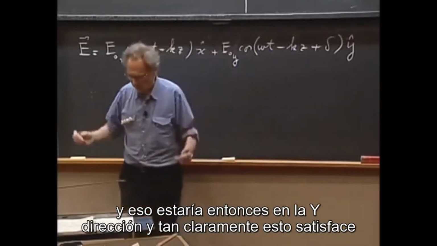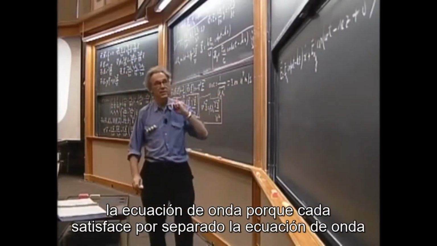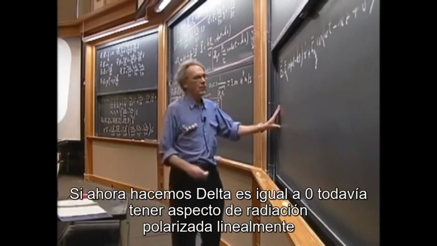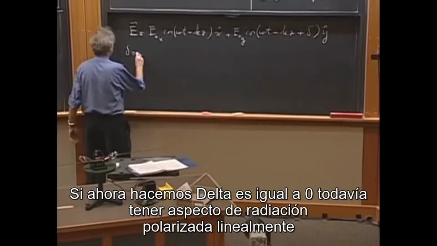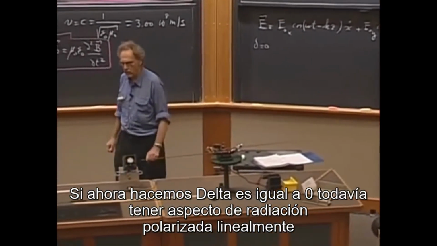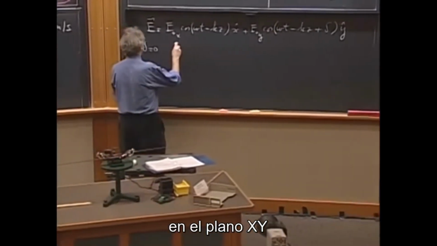And that would then be in the y direction. And so clearly, this satisfies the wave equation, because each separately satisfies the wave equation. If now we make delta equal to 0, you still have linearly polarized radiation.